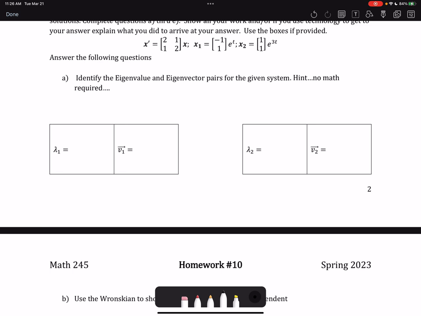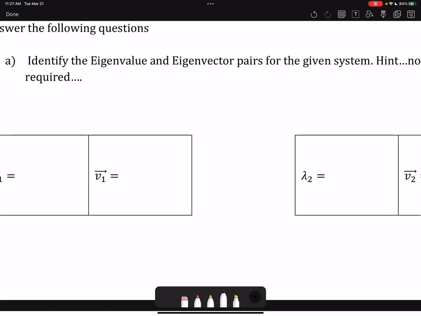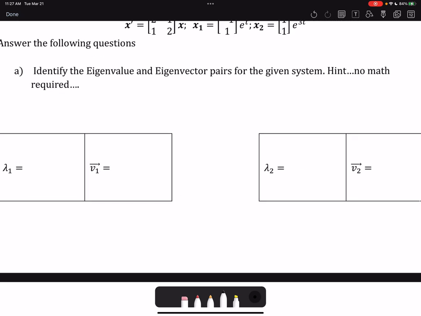Hint, no math required. Okay, so I just want to step back for a second and show you that, let's say we have an x prime and a matrix, like we do. X prime is equal to what?